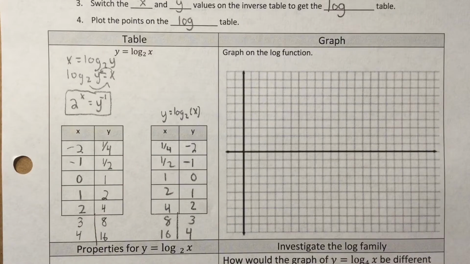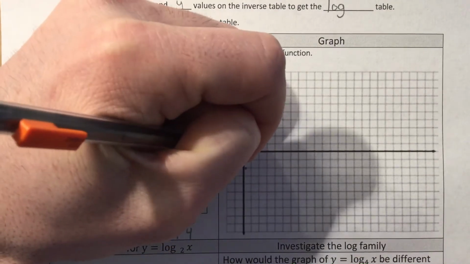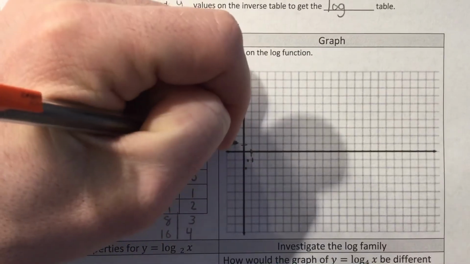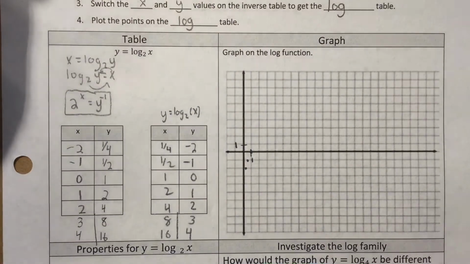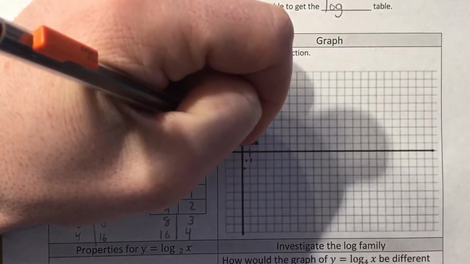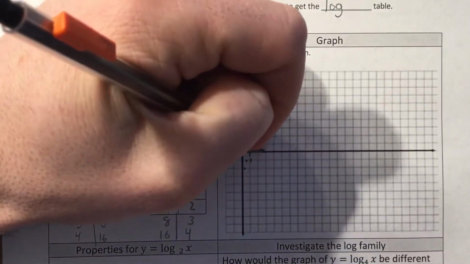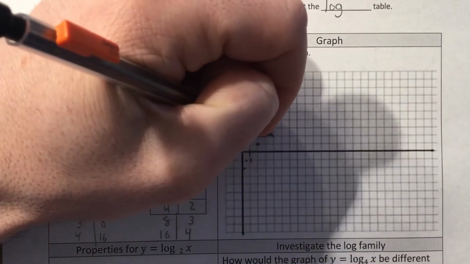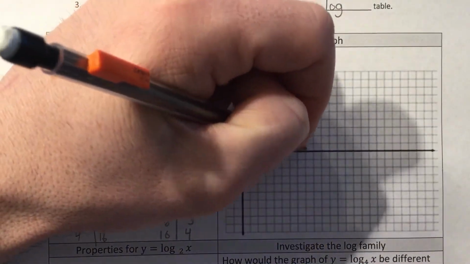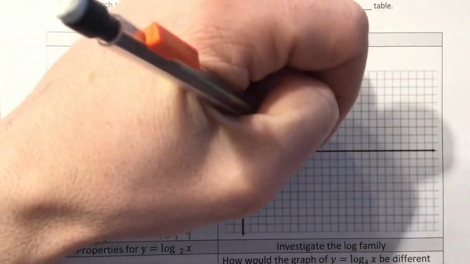And then I will graph those points. So 1/4, -2; 1/2, -1; 1, 0. And I'm going to go by ones here, ones on the x and the y axis. And then I have 2, 1; 4, 2; 8, 3; and 16, 4.